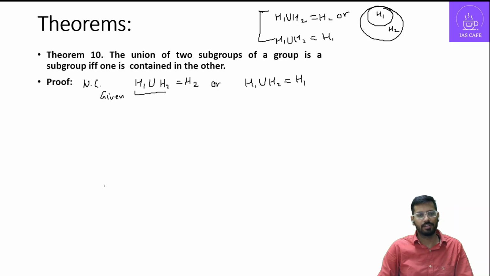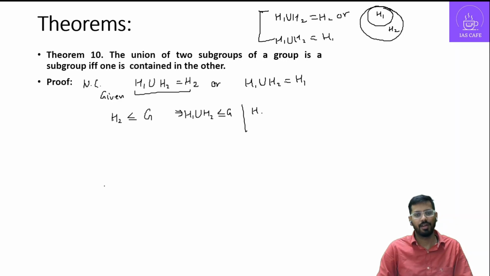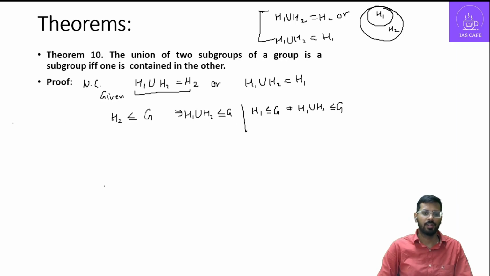Now, if this condition is satisfied, then we can say H2 is a subgroup of G, that is given, if H1 union H2 is equal to H2. That means H1 union H2 is a subgroup of G. Similarly, we can say if H1 is a subgroup of G, that means H1 union H2 is a subgroup of G. ठीक है, ये नेसेसरी कंडीशन है.